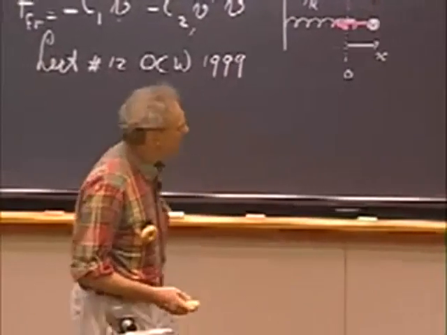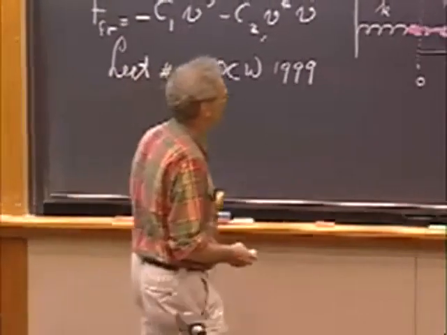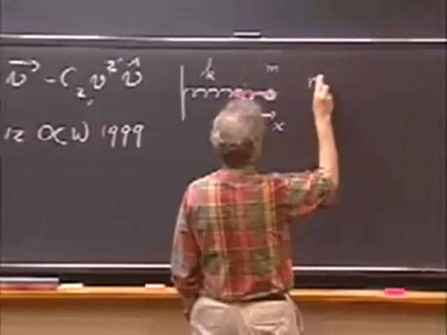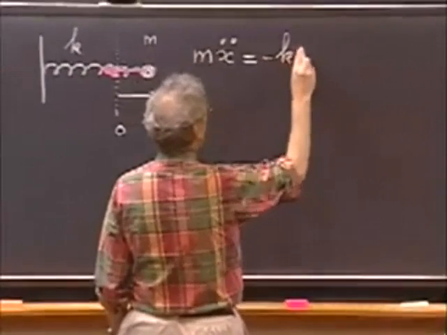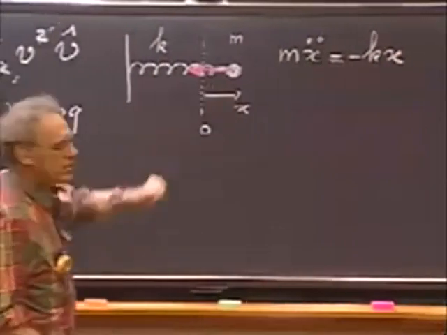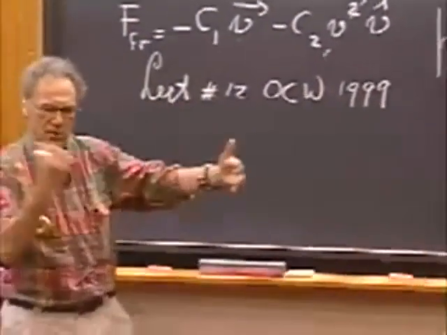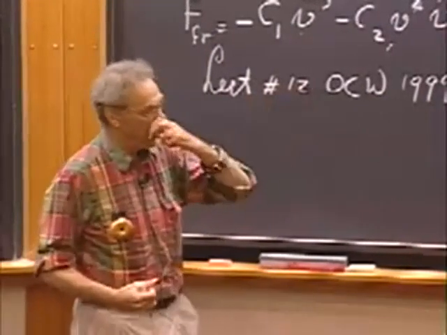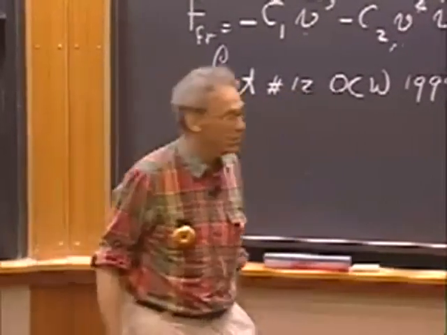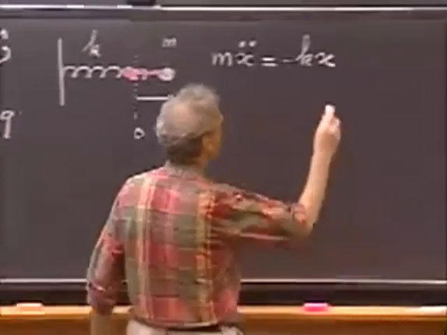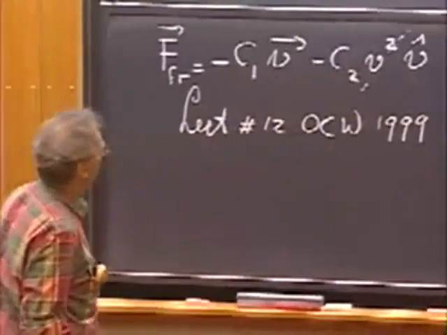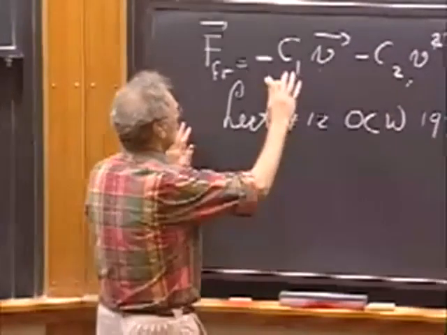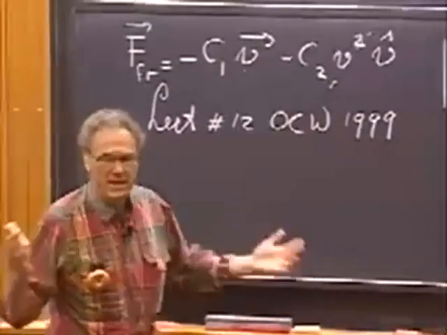But what I can do, I can write down Newton's second law, which says that m x double dot is minus kx. That is this force. When x is positive, the force is in the negative direction, so the minus sign takes into account that we're dealing with vectors. And then we have minus this term. Now, when we deal with 803, we will call this C1 just B. That's a tradition.